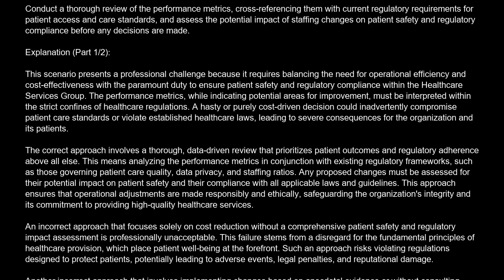An incorrect approach that focuses solely on cost reduction without a comprehensive patient safety and regulatory impact assessment is professionally unacceptable. This failure stems from a disregard for the fundamental principles of healthcare provision, which place patient well-being at the forefront. Such an approach risks violating regulations designed to protect patients, potentially leading to adverse events, legal penalties, and reputational damage.